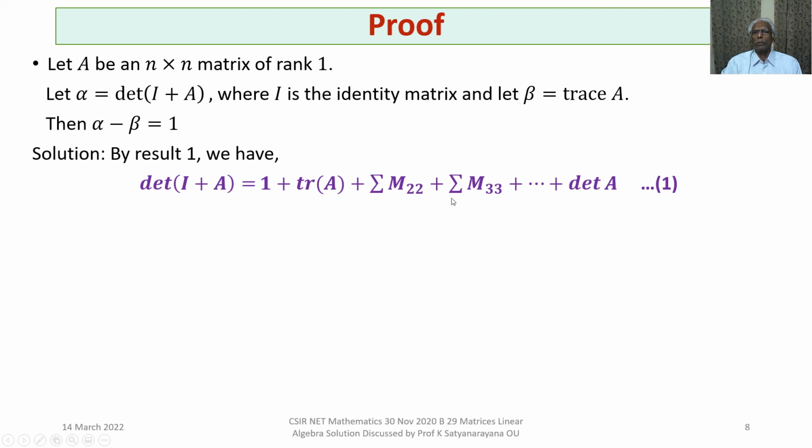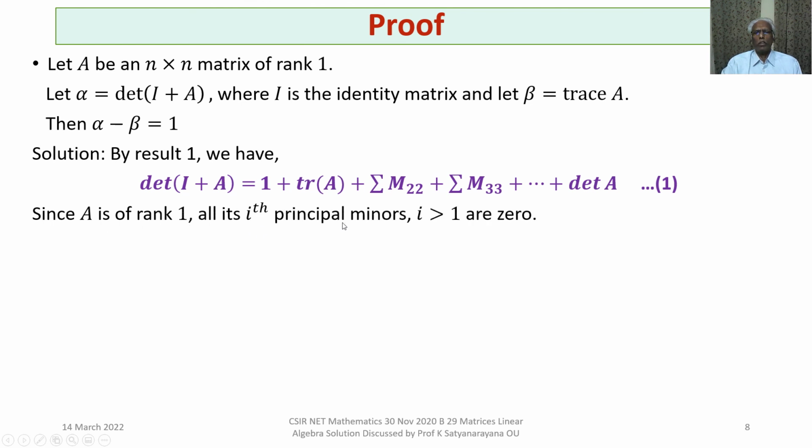This is 0, this is 0, this is 0. All of them will become 0, so M22 is 0, M33 is 0, and their sigma is 0.